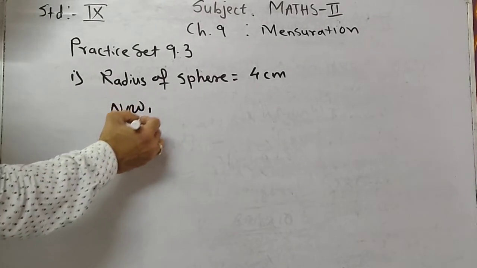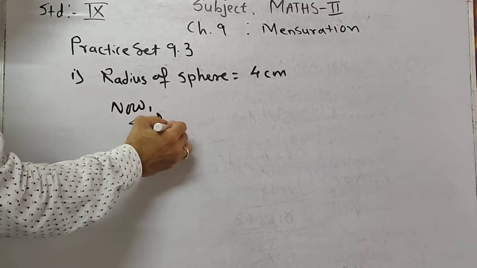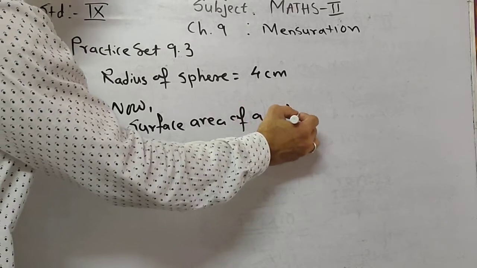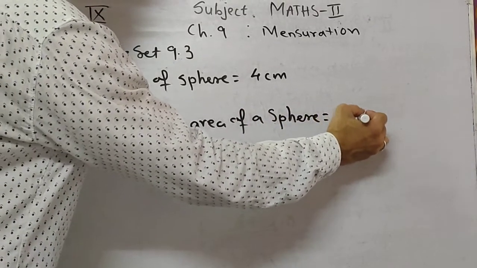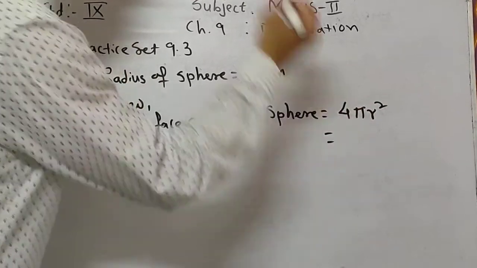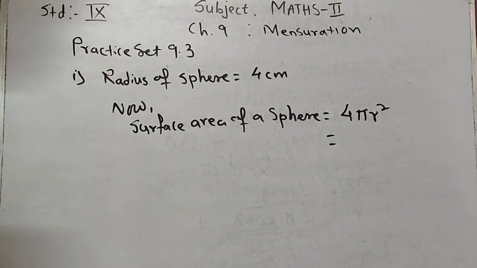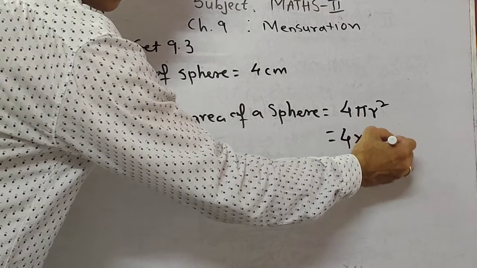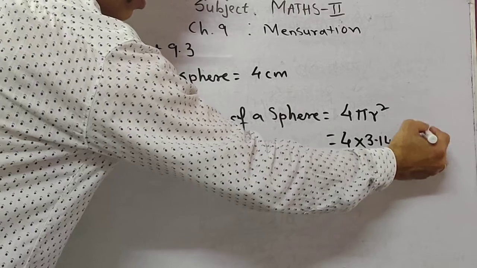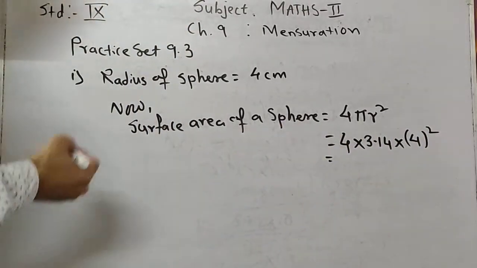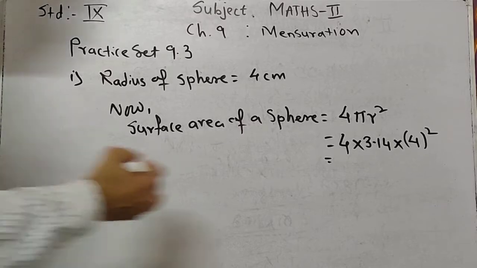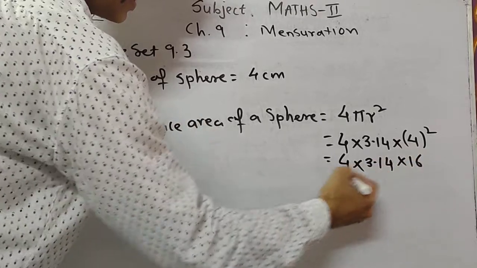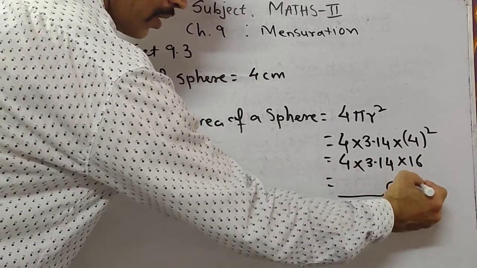Surface area of a sphere. You know the surface area of a sphere is 4 pi r square, as I told you. 4 into pi value, which is given as 3.14, r means 4 square. 4 square is 16, you know very well. 4 into 3.14 into 16, you multiply all.